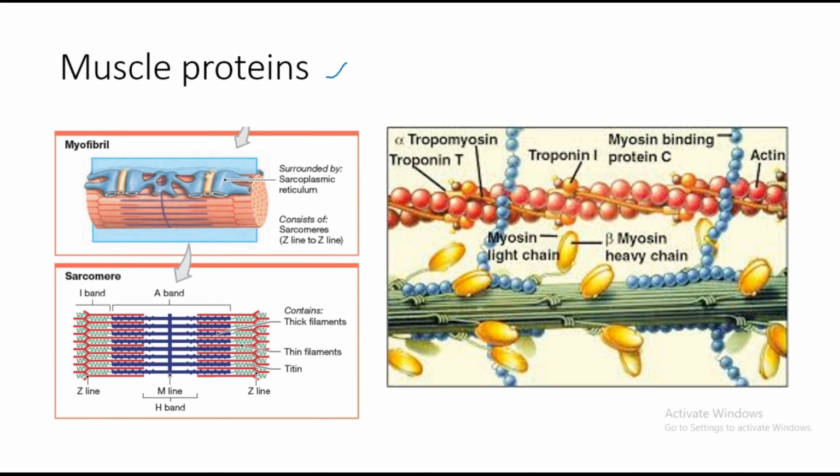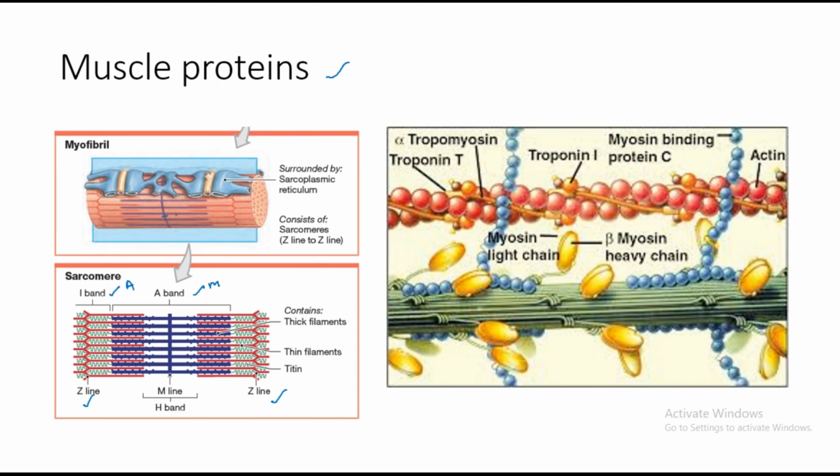Now, muscle proteins. As I mentioned, we have a Z line here, a Z line here. This is the sarcomere. The A band is the dark band, the I band is the light band. The light band is made up of actin filaments, and the dark A band is made up of myosin filaments.